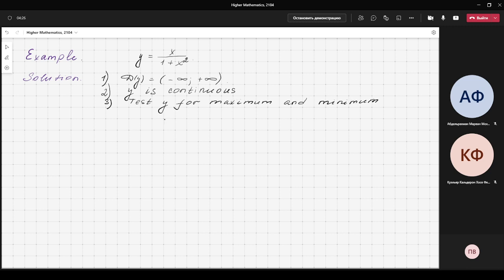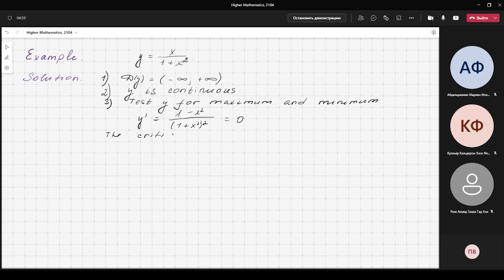From the equation y prime equals 1 minus x squared over 1 plus x squared equals 0, find the critical points. X first is minus 1 and x second is 1.